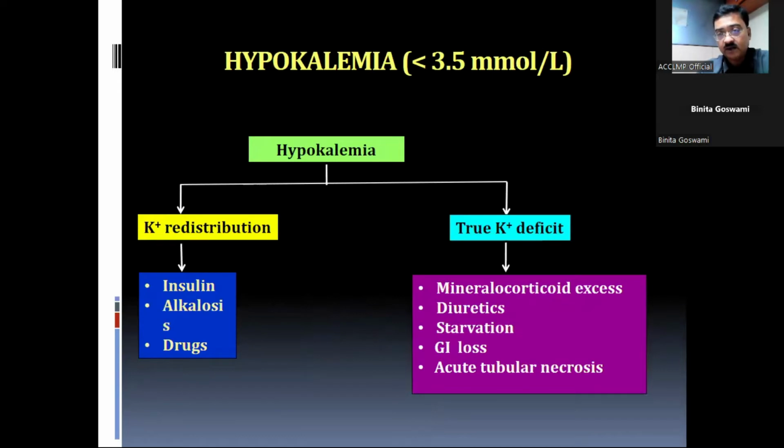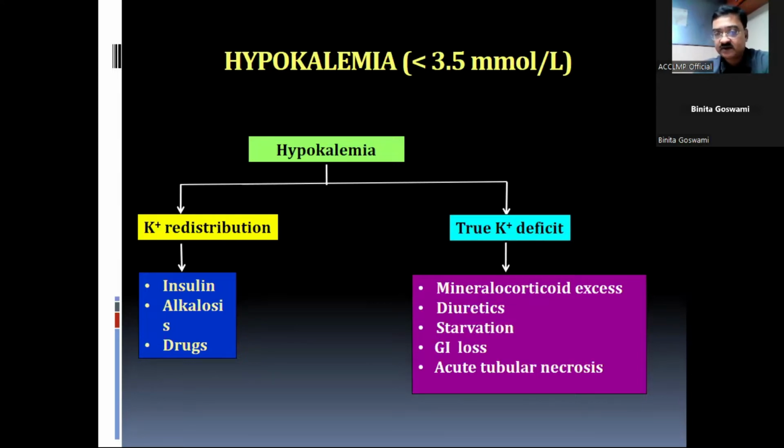Now, hypokalemia, which means potassium less than 3.5, can happen because of potassium redistribution, meaning you force the potassium to go inside the cell, like insulin or IV insulin therapy, or in case of alkalosis, where there is a K plus H plus exchange that leads to restoration of pH at the cost of hypokalemia, or some drugs.